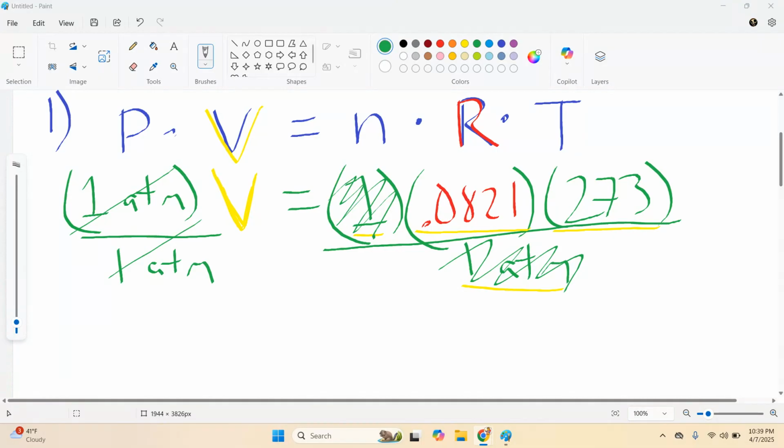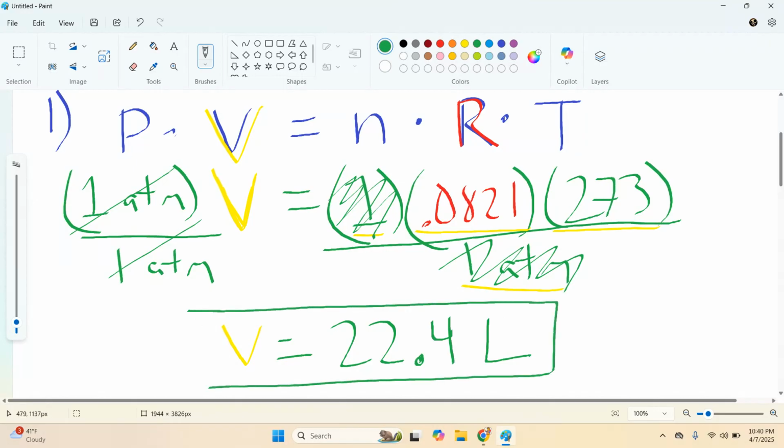And I get this number. Ready? The volume that this gas takes up is equal to 22.4 liters. For reasons that I'll talk about later, this is an important number to mention.